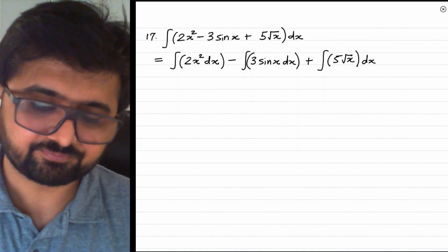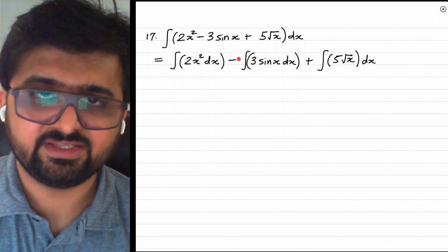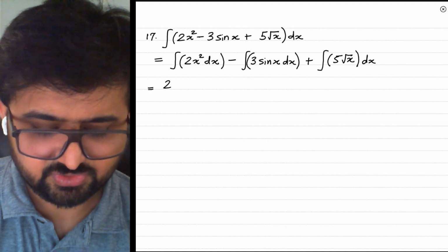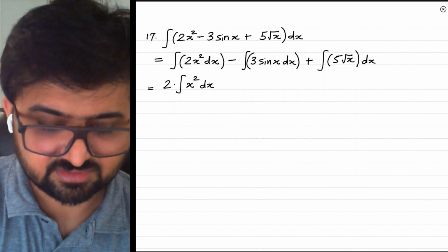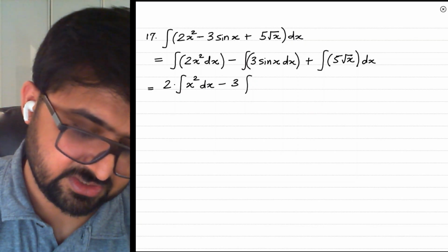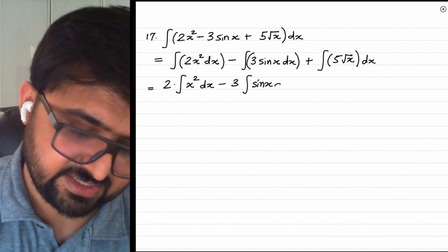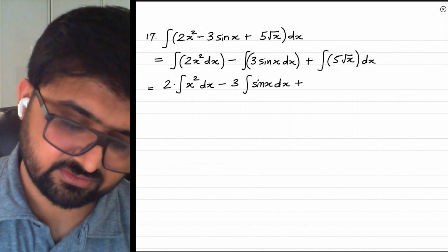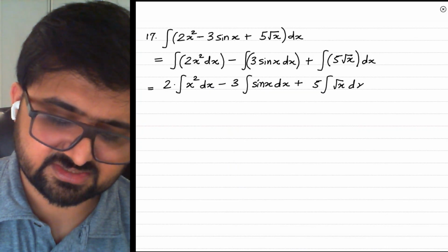Okay. Now take those constant terms out from those integrals. So you are left with 2 integral of x squared dx minus, take that 3 out, 3 integral of sin x dx plus, take that 5 out, 5 integral of root x dx.